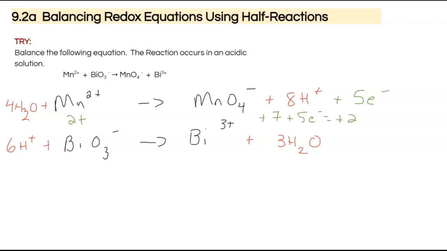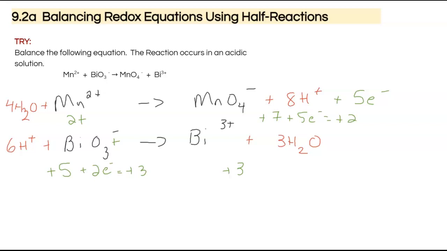I'm going to do the same thing for my second reaction here. Same process. I see that I have 6 positives and 1 negative, giving me a charge of plus 5. On the reactant side, over here, I have plus 1 at positive 3 and 3 at neutral, which gives me an overall plus 3. So I'm going to bring down this plus 5 charge by adding 2 electrons, and that will give me plus 3.